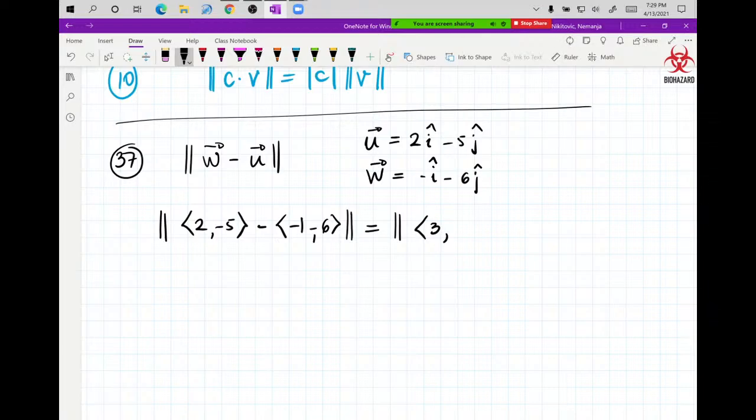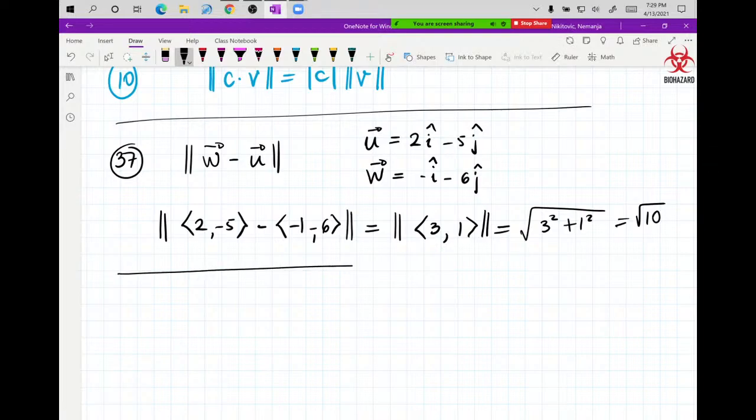And then -5 minus -6 is -5 plus 6, which is +1. And the magnitude for this is 3 squared plus 1 squared, which is square root of 10. So the answer is square root of 10. And no, you don't have to calculate square root of 10 and provide decimals, because square root of 10 is the exact value. Anything else is approximation.